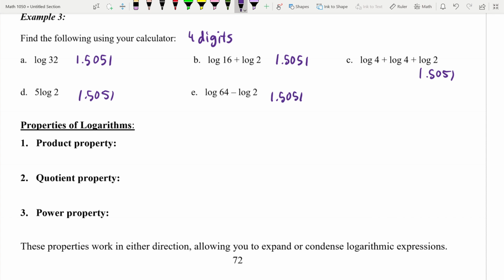Okay, listen what I want to say to you right now. They all look different, but they're really the same. I could choose any one of these. Let's say I chose B. You don't have to box it or anything, just listen. I could turn log 32 into log 16 plus log 2. I could turn C into B. I could turn D into B and I could turn E into B. I could make it look the same.